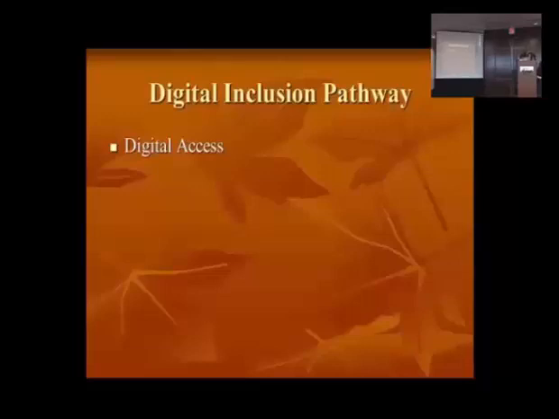Okay, so that's the access stage of this pathway. The second stage is what sociologists would call having a taste for using technology. Even if you've used a computer before, you might not have a taste. If you were asked, will you take the assessment on the computer, you could say no. And I'm operationalizing that as having the taste or not. So that's the taste stage.